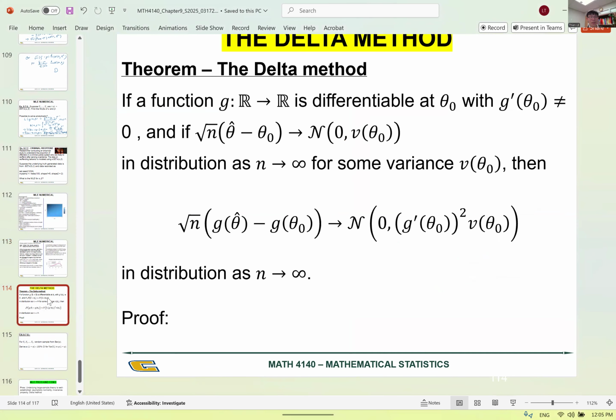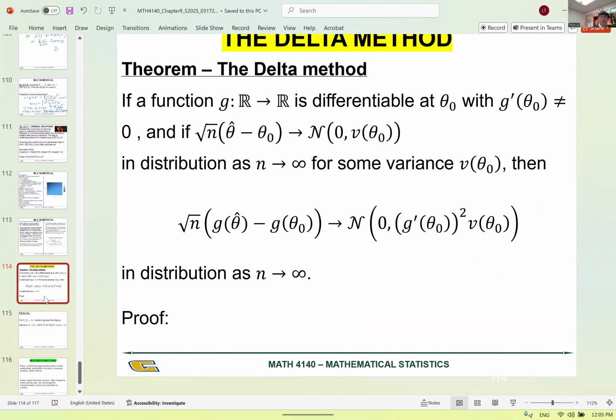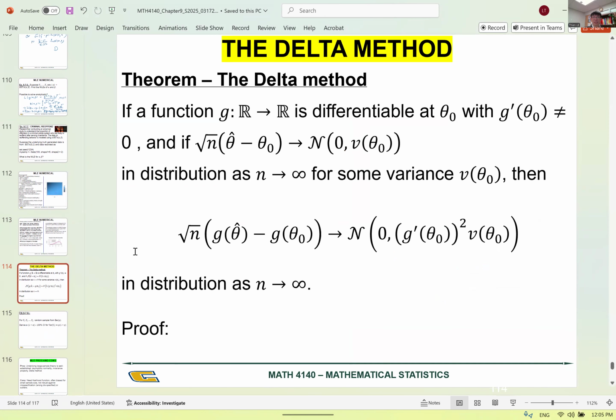And lastly, we talk about one important tool we call the delta method. The delta method tells us that if you have asymptotic normality of theta hat to theta naught, following a normal with mean zero and some variance v of theta naught, then you can scale up to a function g and the asymptotic normality still holds.